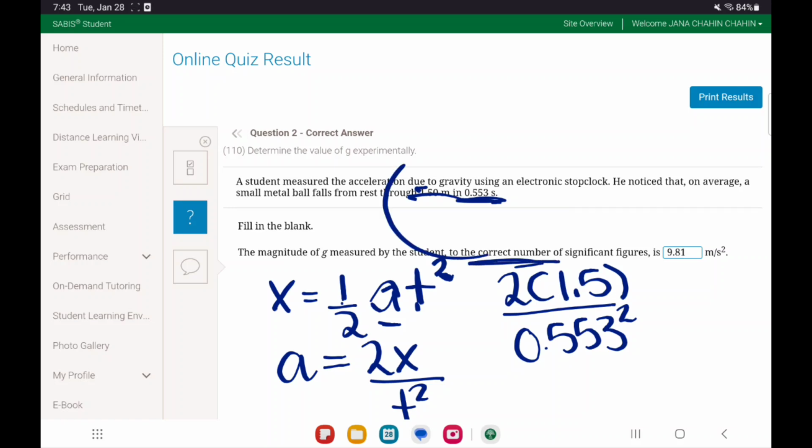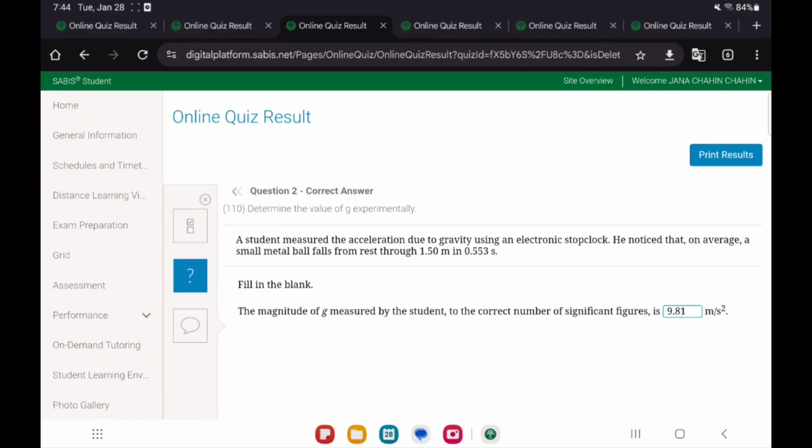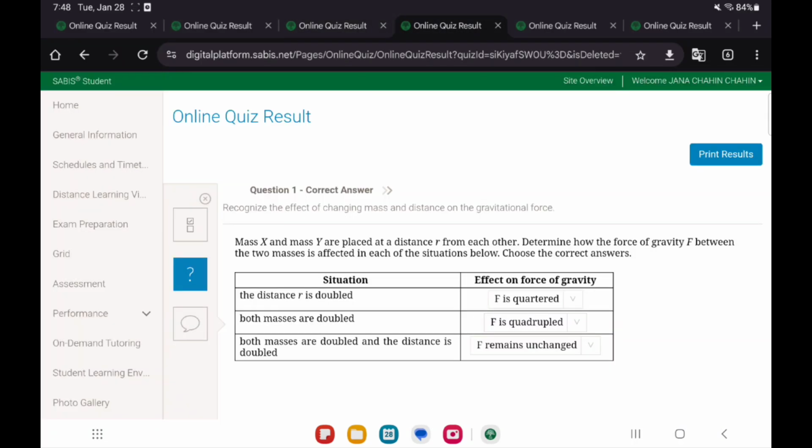Here we have 3 significant figures and here's 3 significant figures. So we want 3 significant figures. The number we got was 9.8100, 4, whatever. So to 3 significant figures, it's 9.81, and that's that answer. And that's 3.15 done.